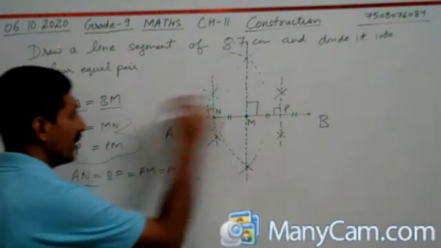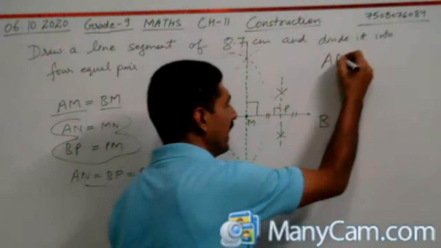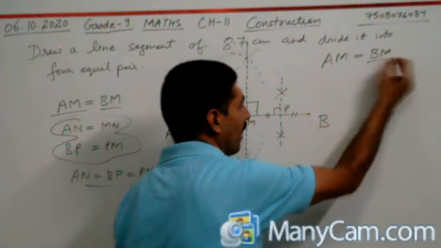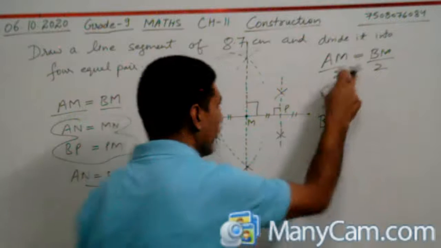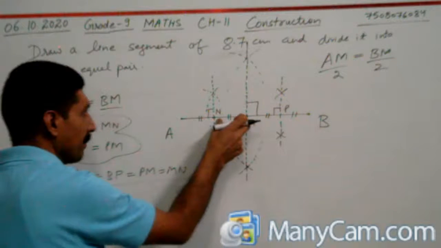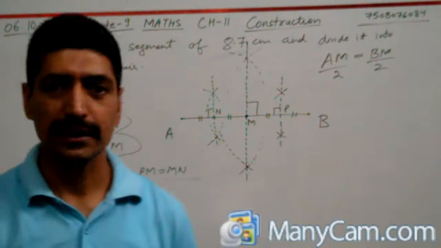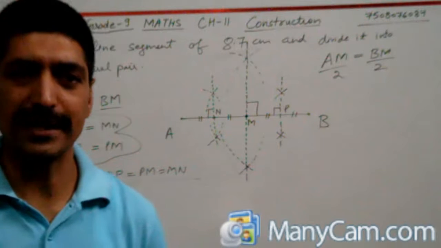Why? First we divided AM and BM, and then their halves, so all these four are equal. This is about the perpendicular bisector.